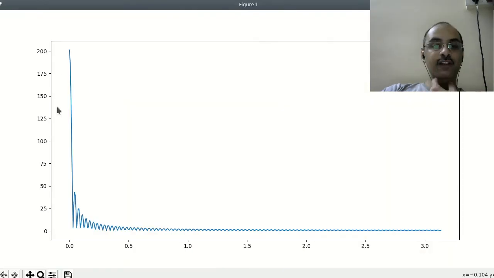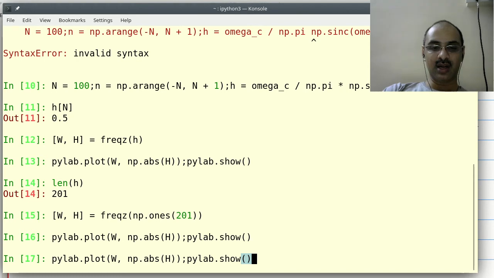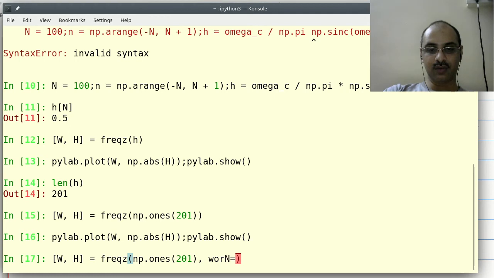This is the property of the window that you see. It's one-sided. To show you both sides, let me show you what happens if you do a both-sided one. I'll make it 409.6, and let me just check the FREQZ help.